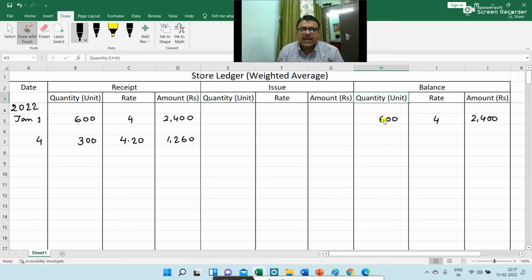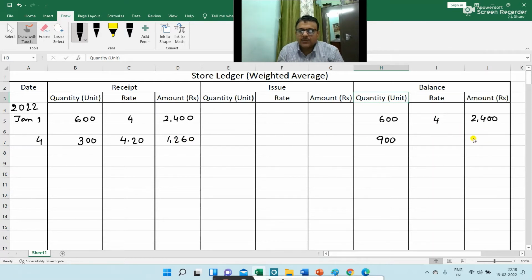You need to simply add up 600 and 300, which is 900 units, and for the value of the closing stock on January 4, you need to add up 2,400, the value of closing stock of January 1, and 1,260, the purchase value of January 4.